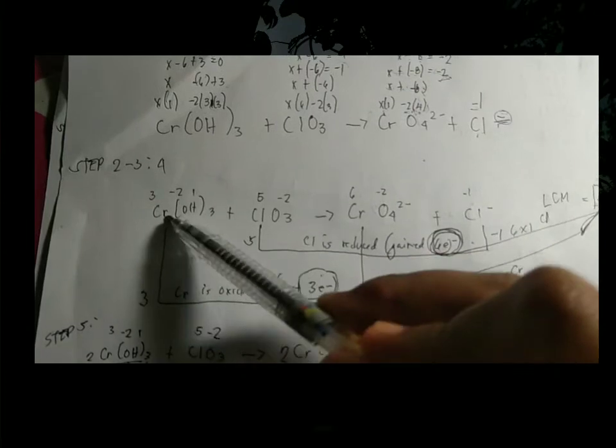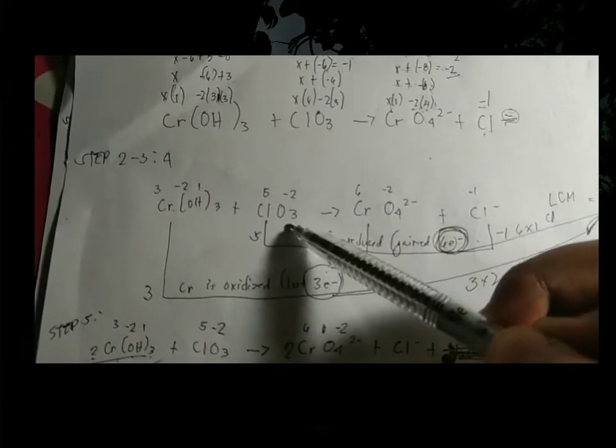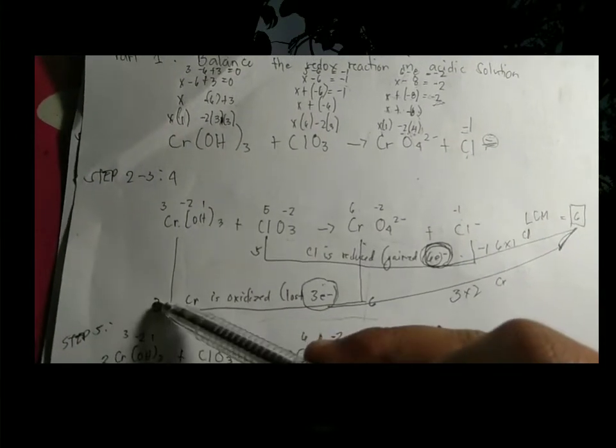So in step 2, we are going to identify the half reaction or redox reaction by using an arrow. So here in chromium hydroxide plus chlorine and oxygen is called the chromium, oxygen, and chlorine ion. So we have chromium here and here. So we have 3 minus 6 is equal to negative 3.